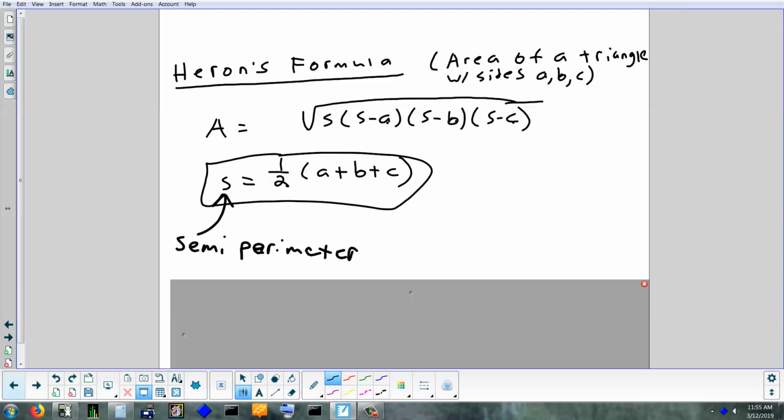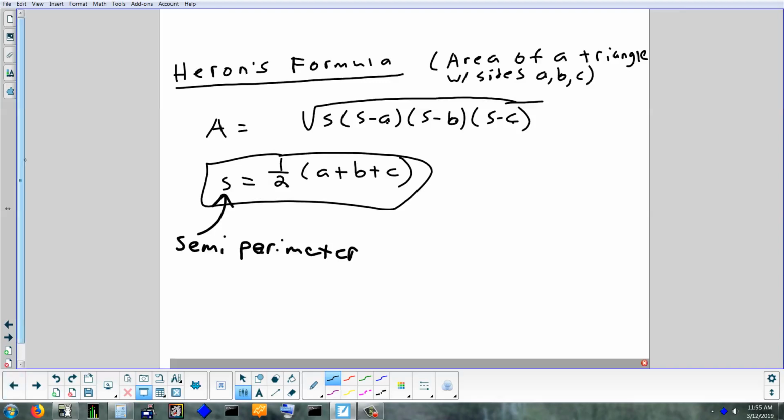I think this is a faster way to find the area for a side-side-side triangle if you're not given an angle to start with. So let's do the same problem we just did and see if we get the same area with Heron's formula as we did using the other one. Okay, doesn't really matter which side is which because you have to do S minus every side.